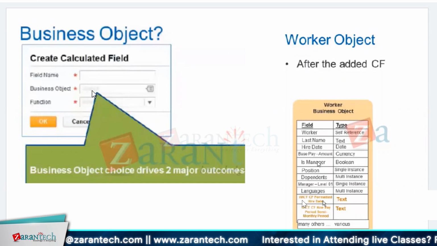If I wanted to get at this CF formatted hire date, I would use this calculated field, and the only way I'd be able to get to it is on the worker business object. So that's something to remember: once you create a calculated field using a specific business object, that's how you get to that calculated field. It'll be part of that business object now.